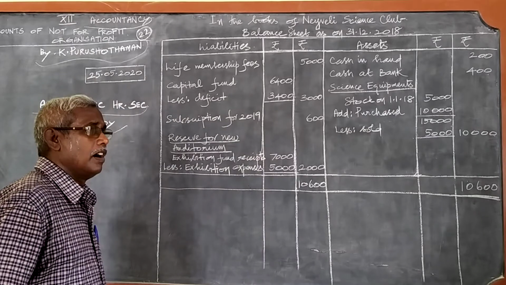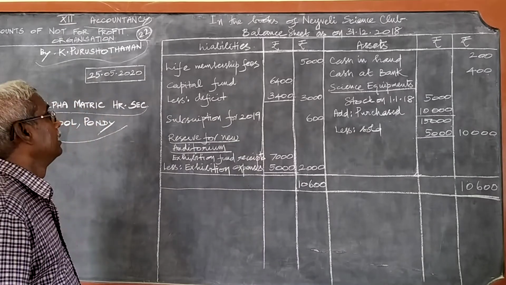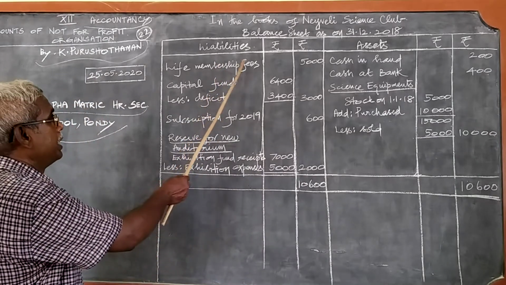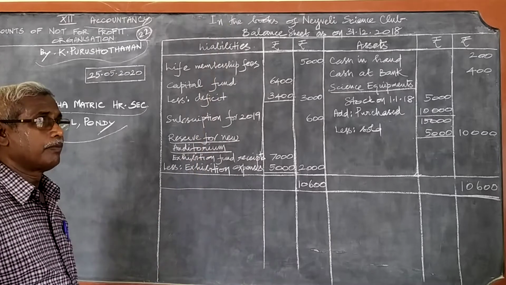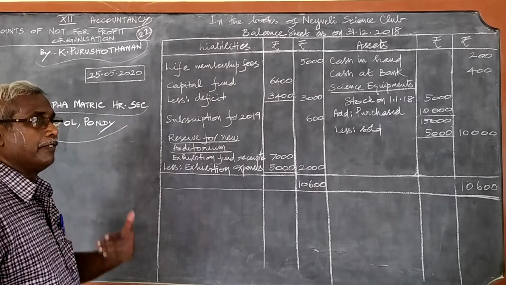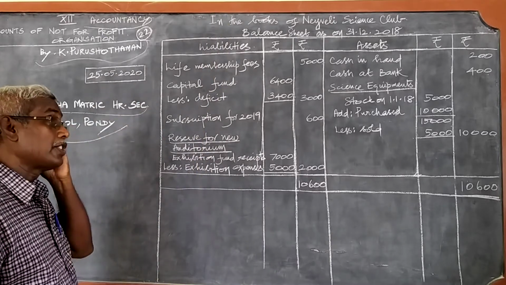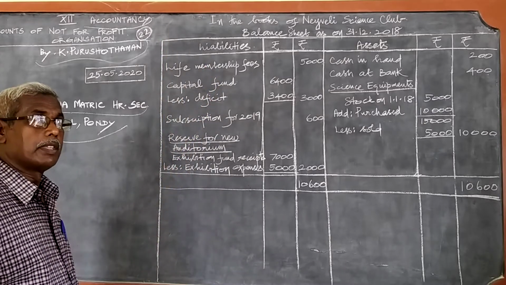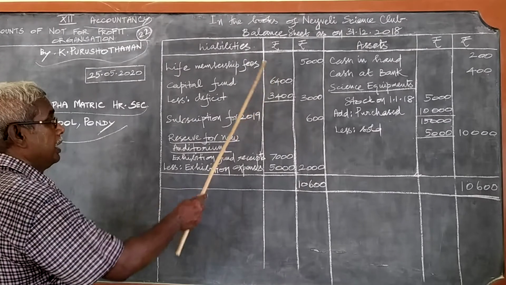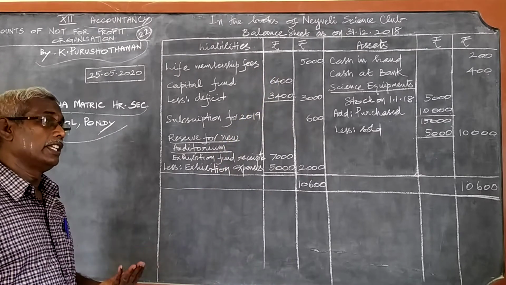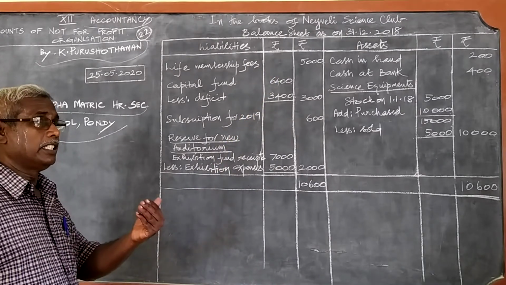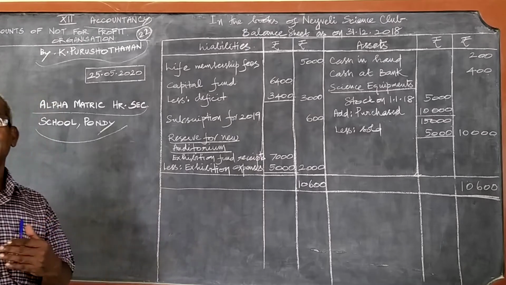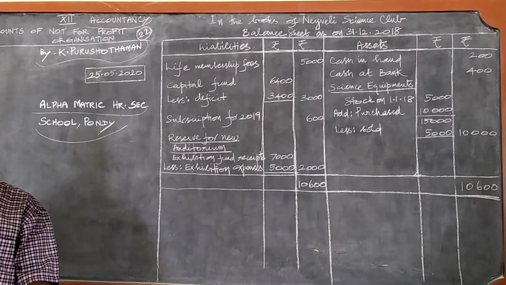Then, on the receipt side, life membership fees 5,000. Go to the additional information, the very first item, capital fund 6,400. With this, from the income and expenditure, we can find either surplus or deficit.